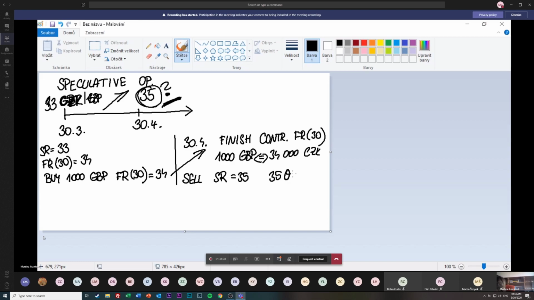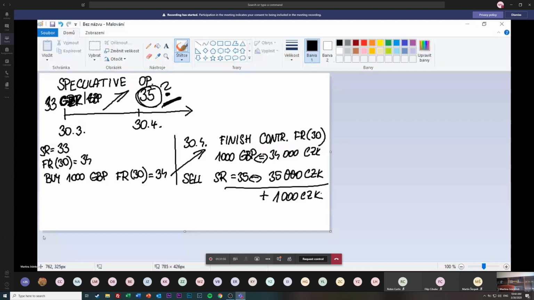So I will explain it once more. Today I will conclude this contract under the forward rate. So we have concluded the contract that we will exchange in 30 days. I will get 1,000 pounds and I will pay 34,000 Czech crowns. So on the 30th of April, we will exchange just money.